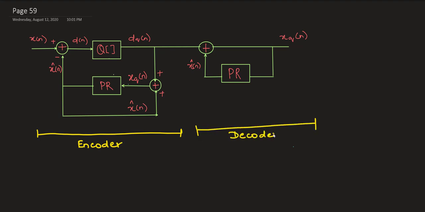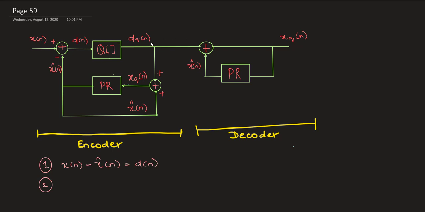So you may ask why it is not the quantized x hat of n. If somebody is looking at this very closely, that question will come to your mind. We are not taking the quantized x hat of n because it is a predictor block. I have told you we are predicting, so we are guessing a few things. It's as good as a guess.